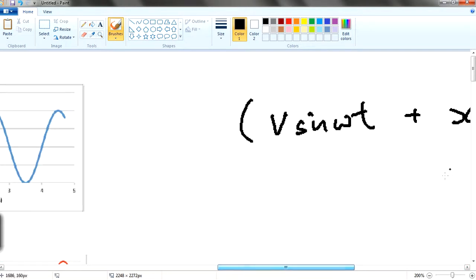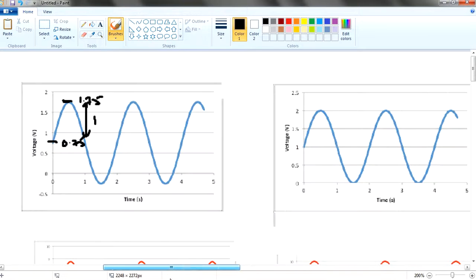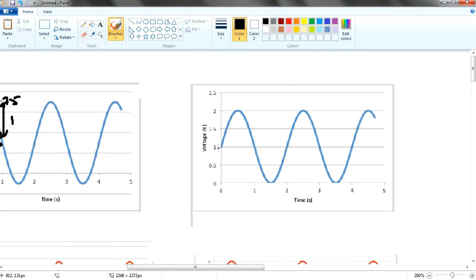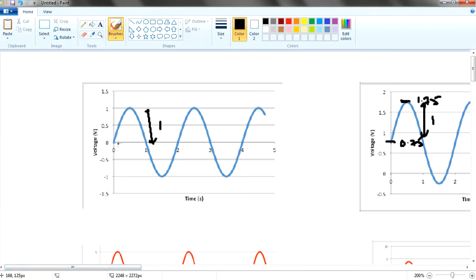I am simply putting in a biasing voltage. In this case I put in a biasing voltage of 0.75, and for this case a biasing voltage of 1. So this one starts from 1, this one starts from 0.75, and this one starts from 0.